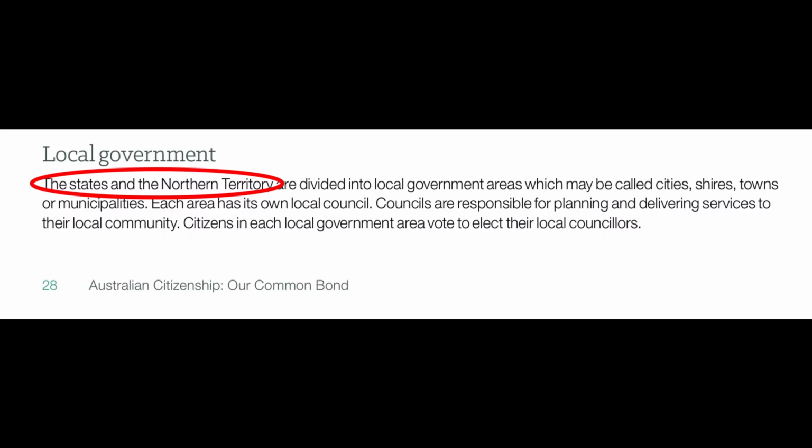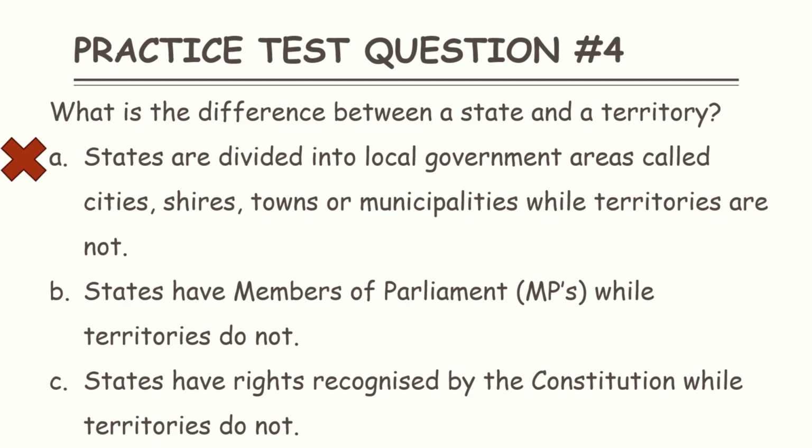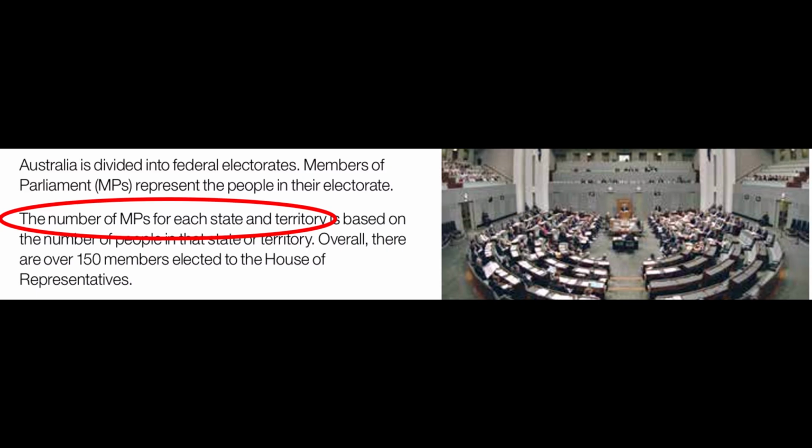We know that both states and the Northern Territory are divided into local government areas, which may be called cities, shires, towns, or municipalities. So answer A is not correct. We know that MPs in the House of Representatives serve in both states and territories.